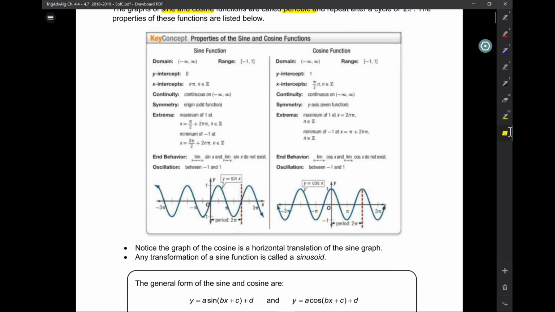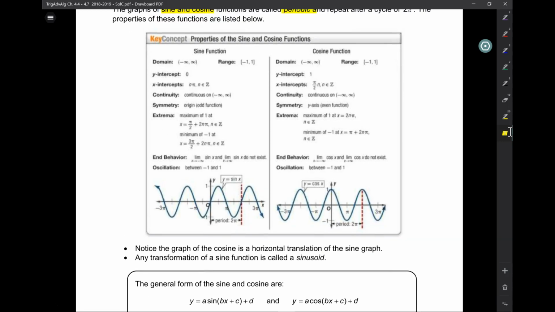Let's take a look at what a sine graph looks like. So if you see here on the left, this is a sine graph, okay? It looks like a wave. So now take a look. This one, the center, if I were to follow, look, it goes back to the same point. Okay?